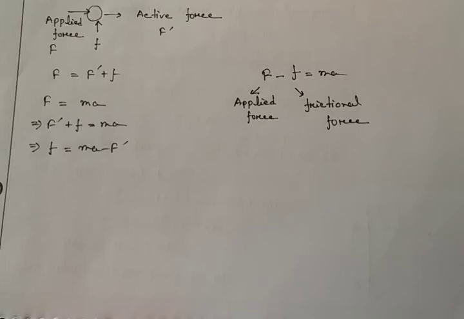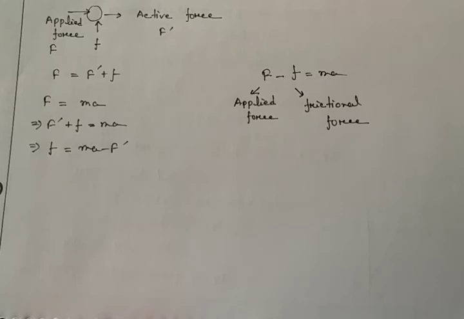In our present problem, the active force or effective force is given, so we have chosen the relation F prime plus F, that means effective force plus frictional force, equals Ma or Mg.